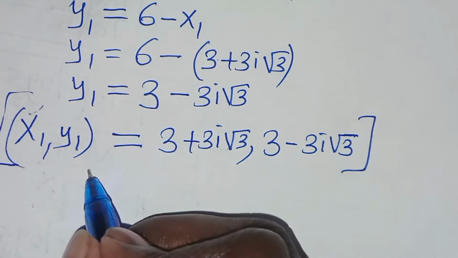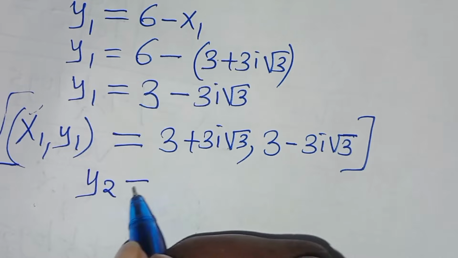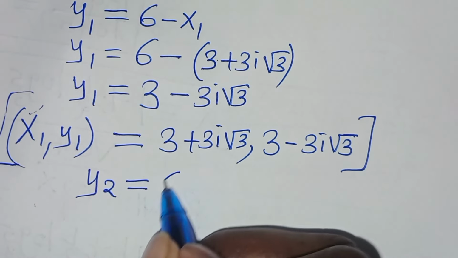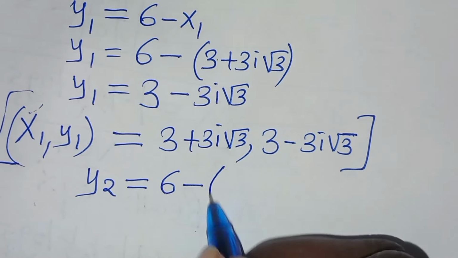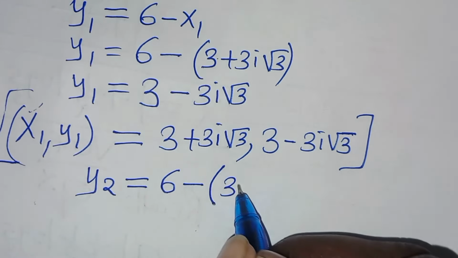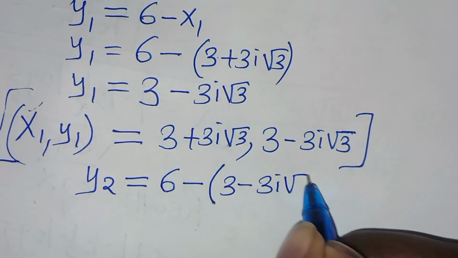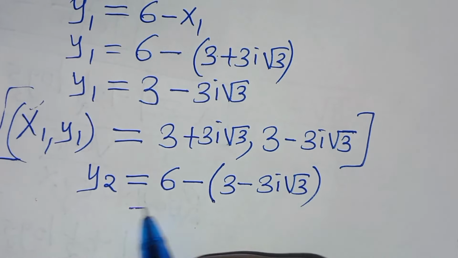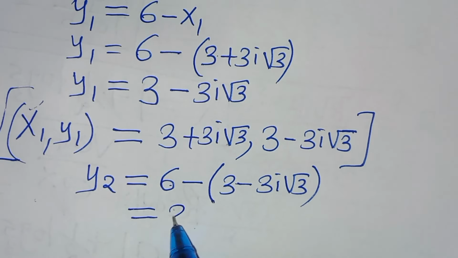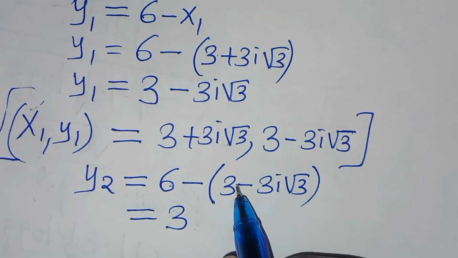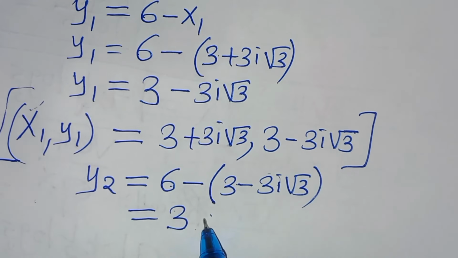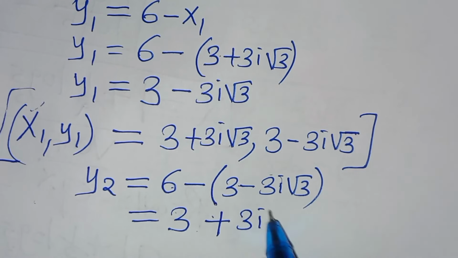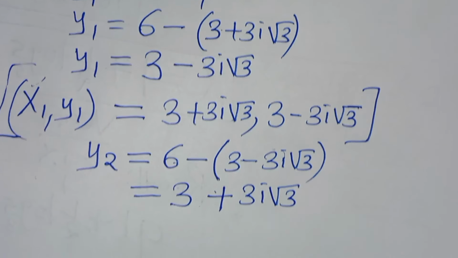The second step here is to solve for y2, which is equal to 6 minus x2. x2 is 3 minus 3i square root of 3. So that we have 6 minus 3, this is 3, minus times minus 3i square root of 3, this becomes plus 3i square root of 3.